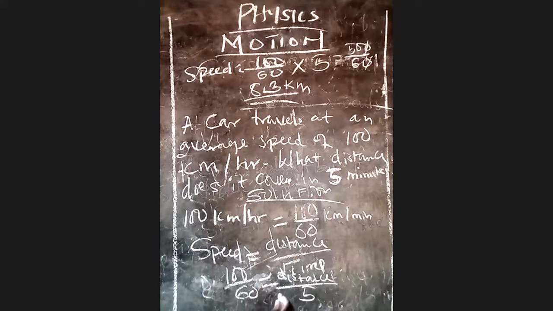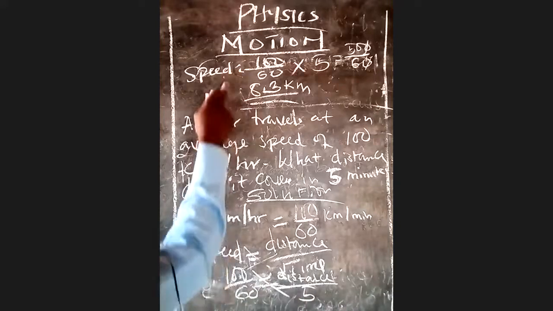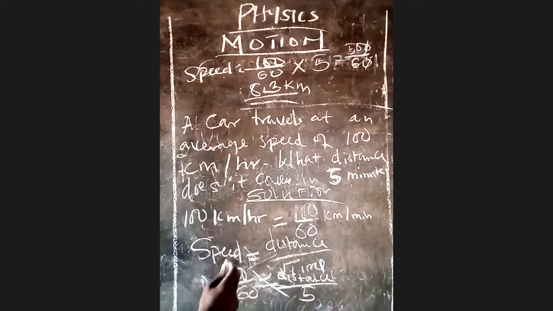Then we can do a cross multiplication. Whatever we get from 100 divided by 60, we are going to use it to multiply by 5, and distance will come out. And that was how we got it. Distance is equal to speed times time. As simple as that.